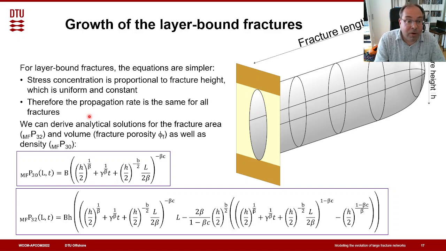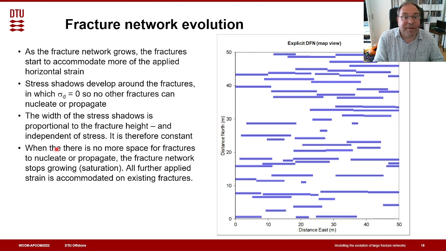This allows us to derive analytical solutions for the fracture area and the fracture volume or fracture porosity, as well as for the fracture density. And we can use these expressions to model the growth of the layer-bound fracture network through time.